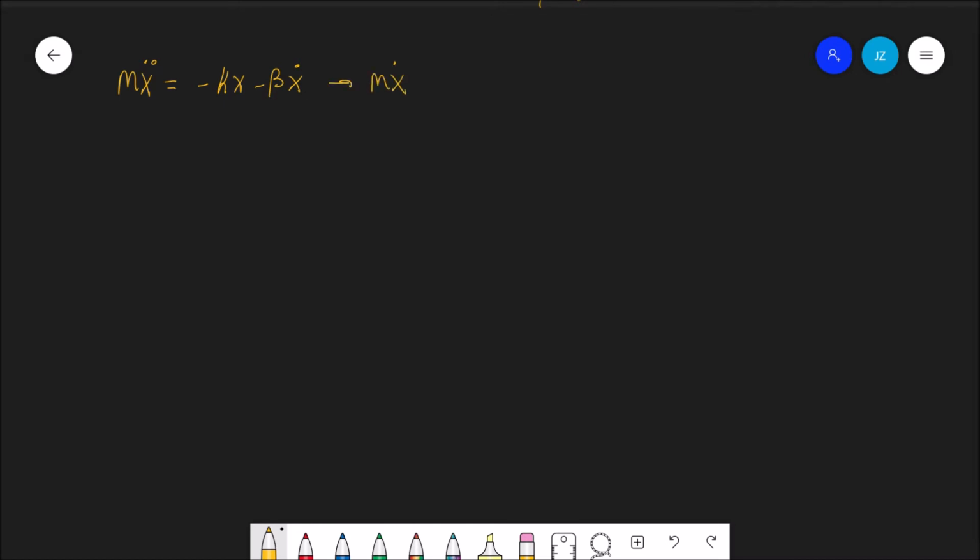So we're going to have m x double dot plus beta x dot plus kx is equal to 0. Put this in standard form: x double dot plus beta over m x dot plus k over m x is equal to 0.